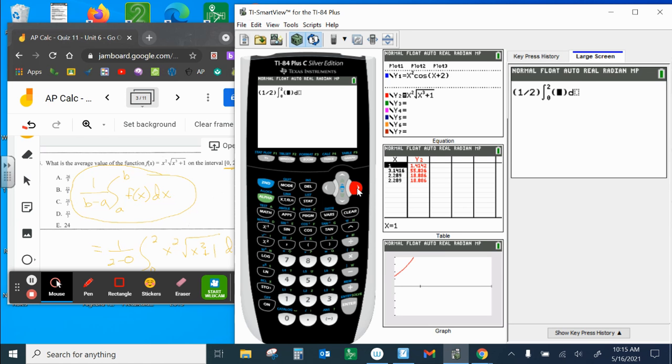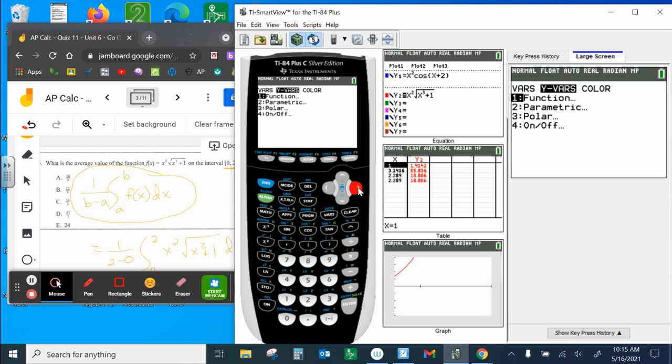If I knew I didn't have to graph it later on, which sometimes it's hard because we're not sure on a multiple choice problem, if you know you don't have to graph, you can just do the answer. So I could type that x squared times the square root of x cubed plus 1 right here. Free response questions, you're almost always going to have to graph it at some point. So it's good to have that.